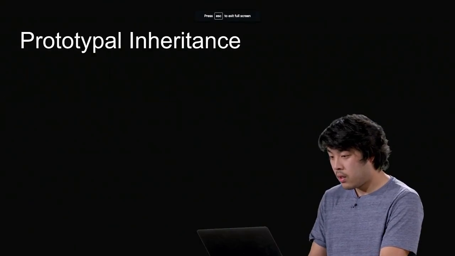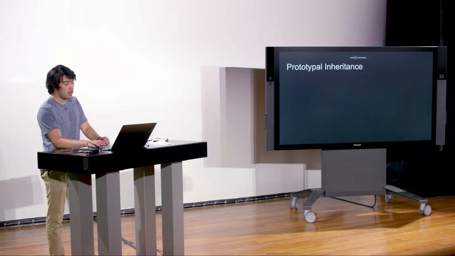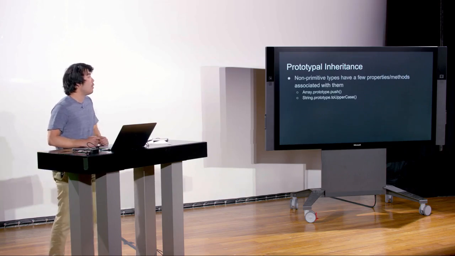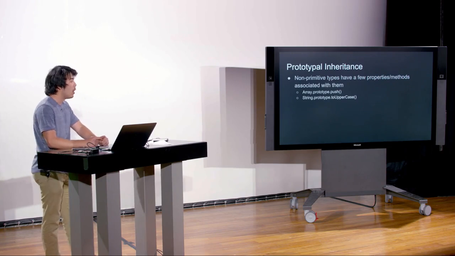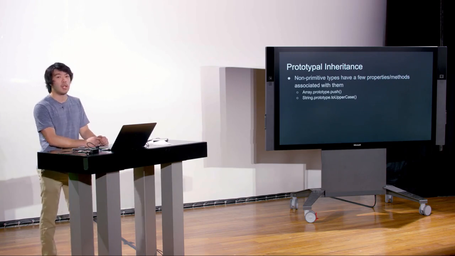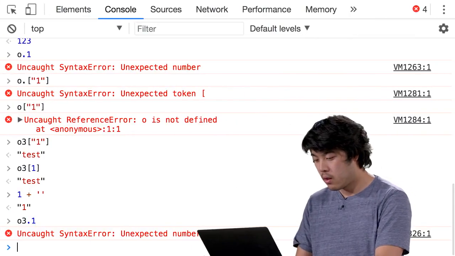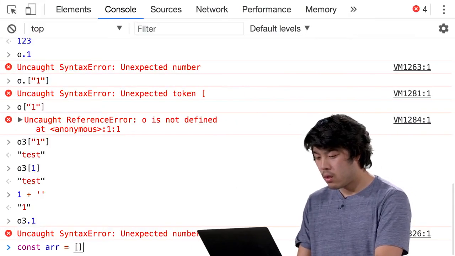Let's move on to prototype inheritance. So what exactly is prototype inheritance? Well, non-primitive types have a few properties and methods associated with them. So for array, we have this thing called array.push, which will add values to an array. So say we have an empty array.